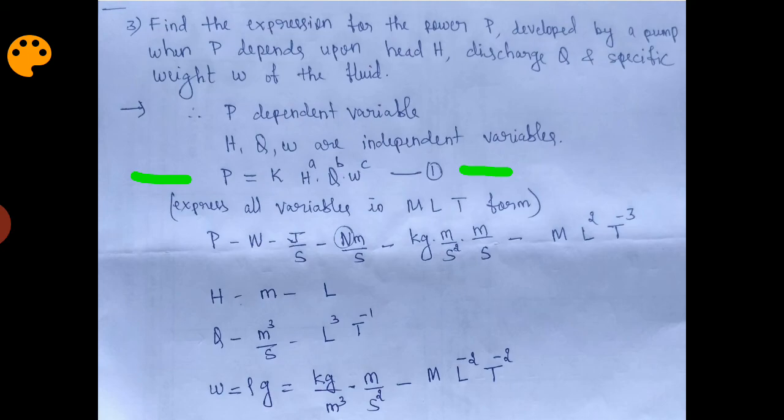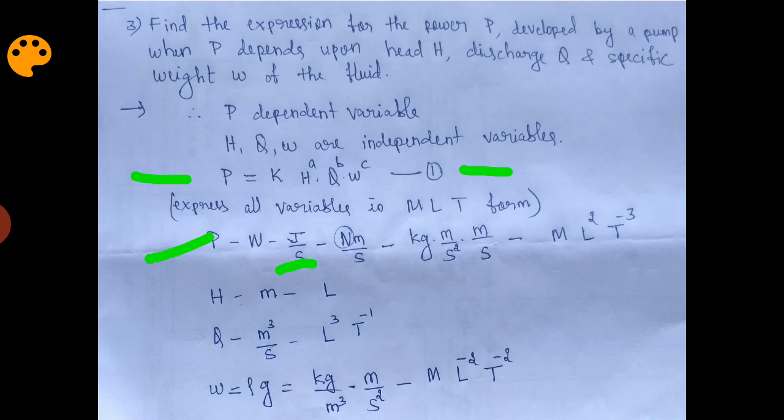For that, first you have to write down SI units of all the given variables and then express them in MLT form. So we'll take power first. Unit of power is watt, which can be written as joules per second. So you have to go on simplifying like this. Again, joules per second. What is joule? Joule is the unit of work or energy.